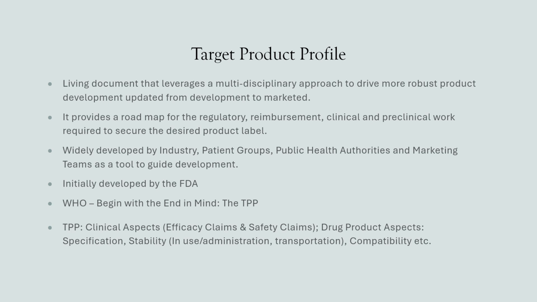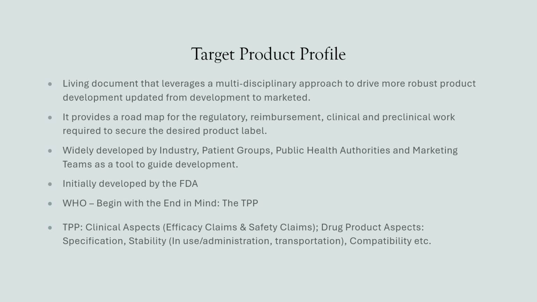As I say, you start with the end in mind, but you have a plan. It's almost like, as I said, a roadmap. It's a strategic document. It was widely developed by industry, and it's useful for patient groups, health authorities, and marketing teams. And I believe it was initially developed by the FDA, but there is some information from the World Health Organization.